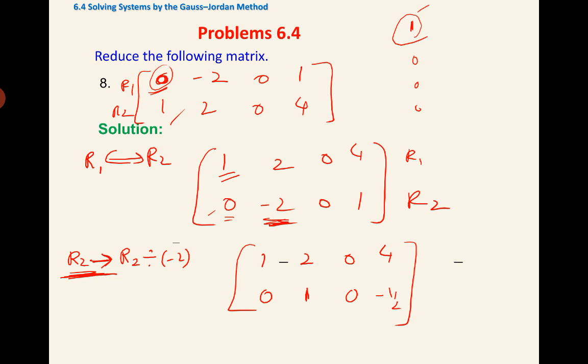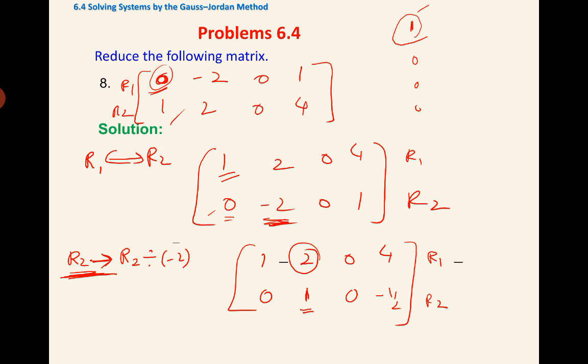See, now the second row has a leading entry which is 1, but its column entry is not 0. So I have to convert this column entry into 0 by writing a suitable formula, which is the third elementary row operation. You can check back to the third elementary row operation. The change occurs in row 1, not in row 2, but row 2 should be used here.